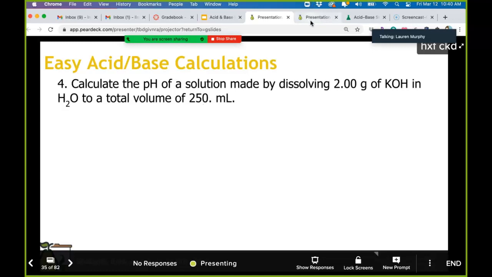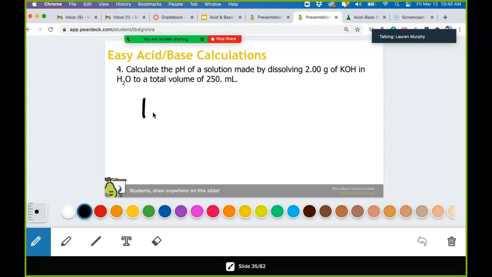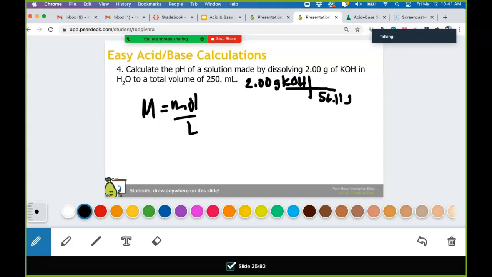Remember, concentration is molarity. Molarity is moles per liter. So we can find out the concentration of the potassium hydroxide solution. How do I do that? I turn the grams into moles using molar mass, potassium hydroxide is 56.11 grams per mole. That'll give me my moles.